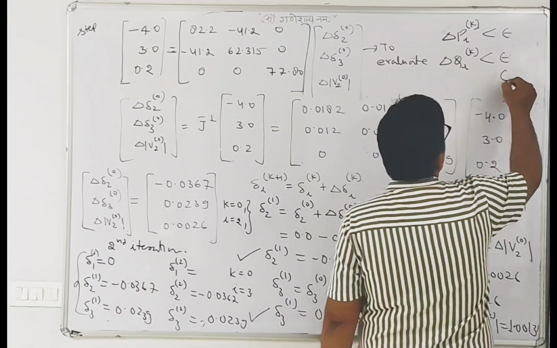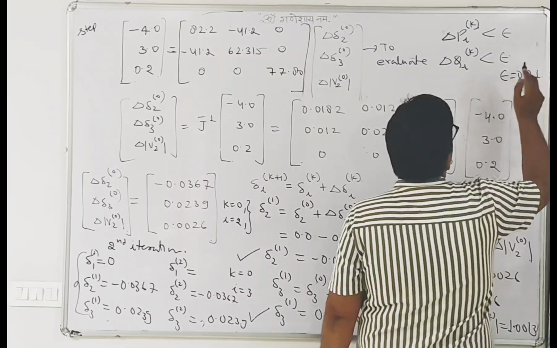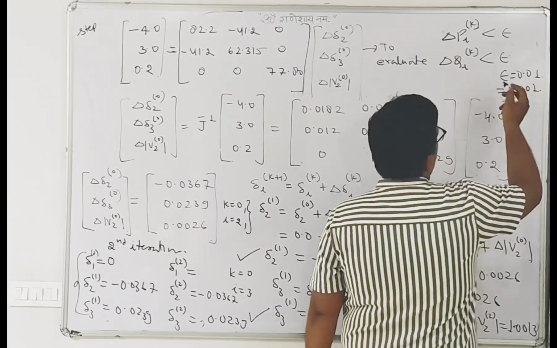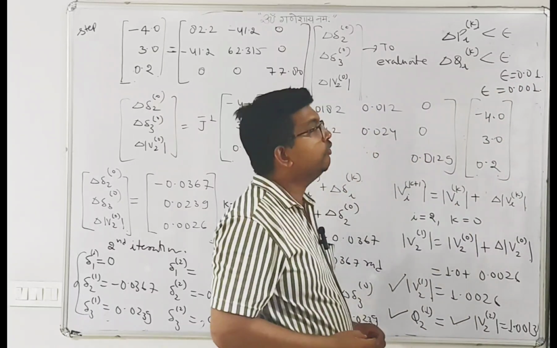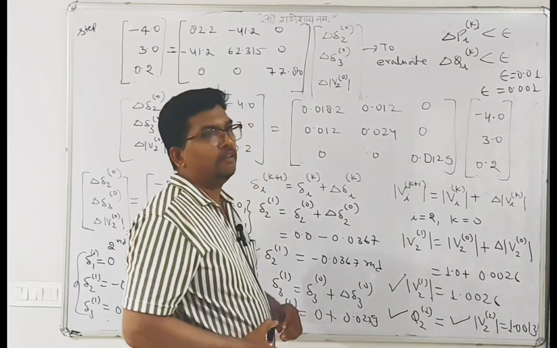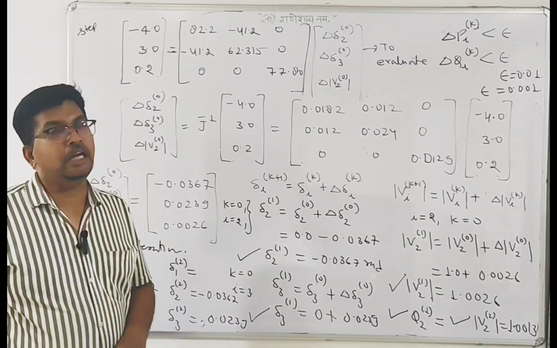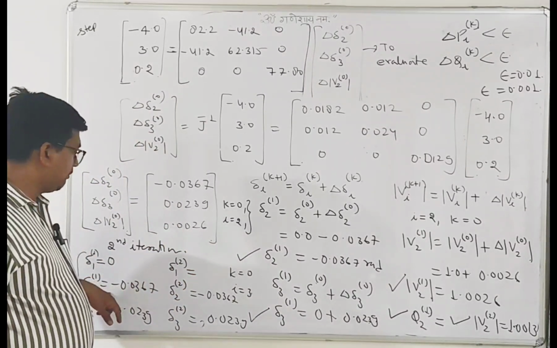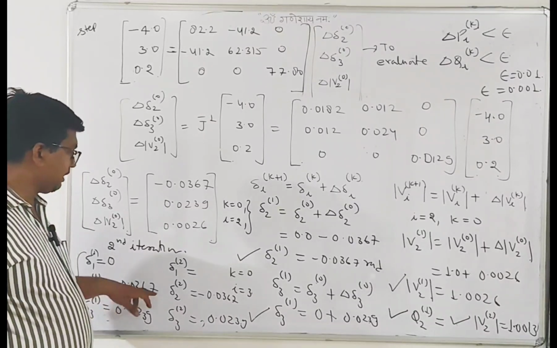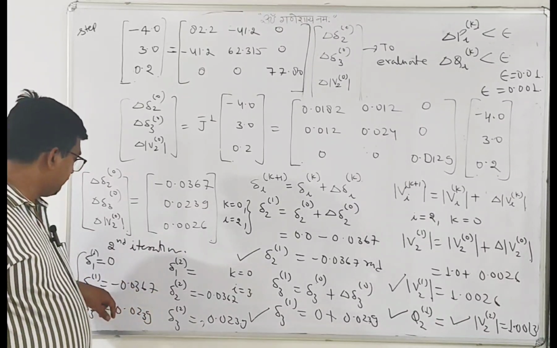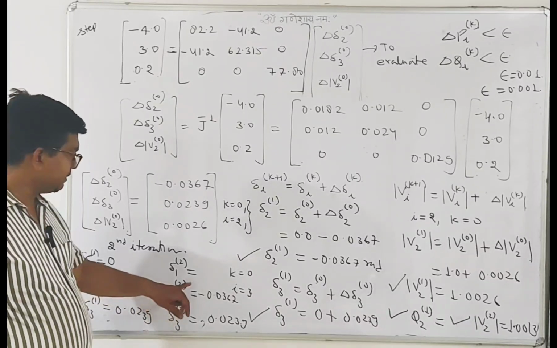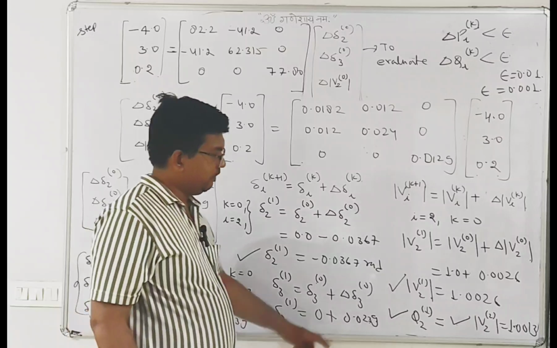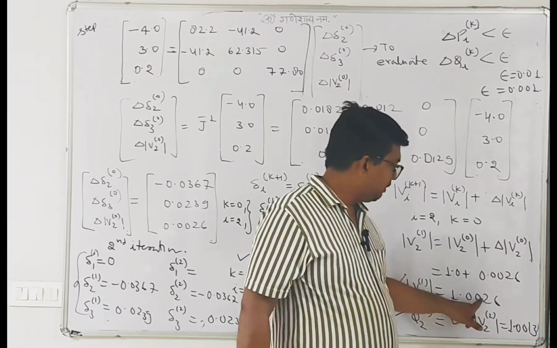For example, if epsilon is 0.001, up to 3 digits after the decimal, and the values become less than this, then your iteration will terminate and we have to stop. In our case, the iteration terminates at the second, because delta 2 1 and delta 2 2 are both the same, and delta 3 1 and delta 3 2 are also the same, but V2 1 and V2 2 are different.